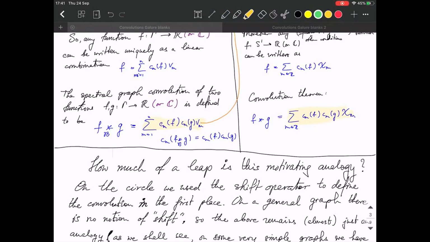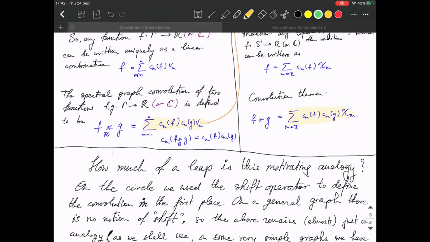And one very reasonable question you might ask is, how much of a leap is this analogy? In general, as I said, there is no shift operator on a general graph, or at least not an obvious or canonical one, so we can just take the graph spectral convolution as a definition for convolution, and live with it.